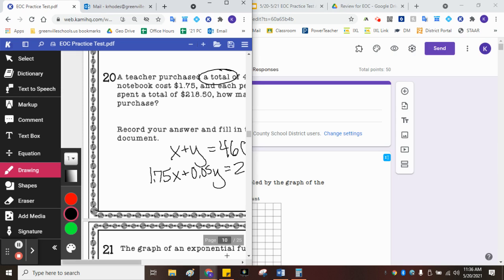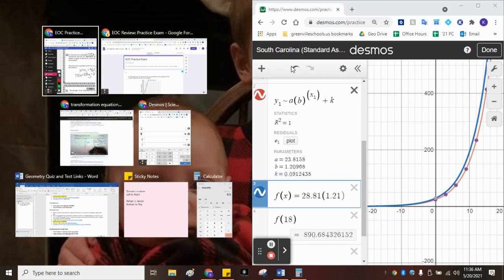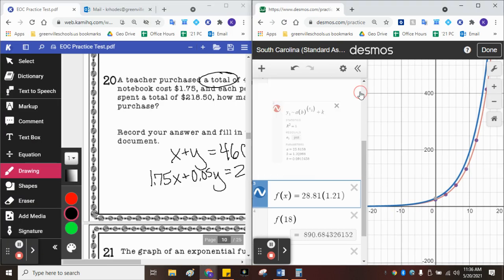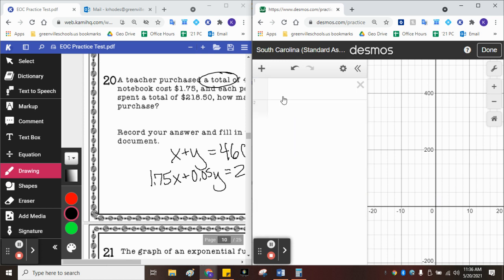So you will graph it. That's the easiest thing to do. We're looking, it's a long test. We're looking for some easy shortcuts here.